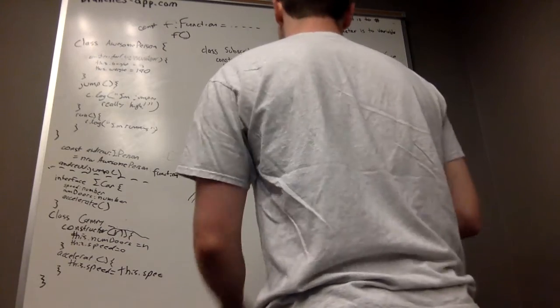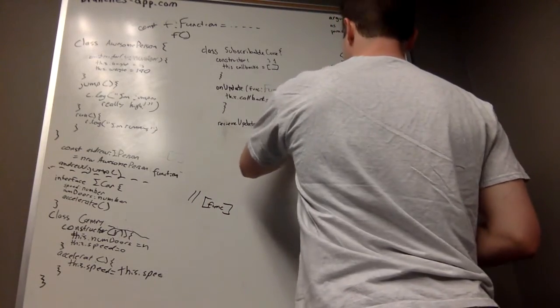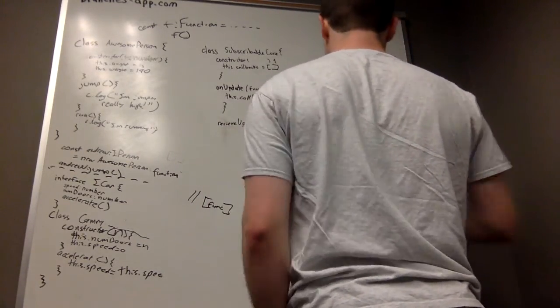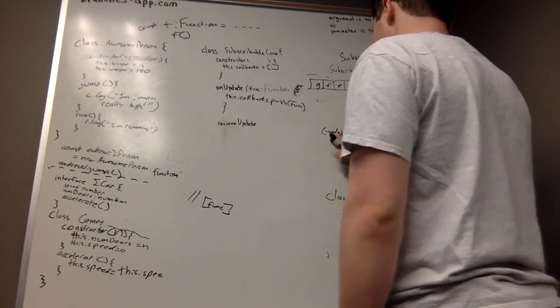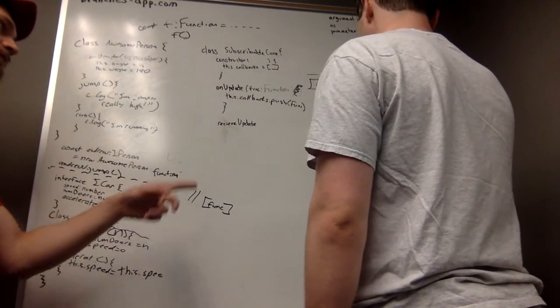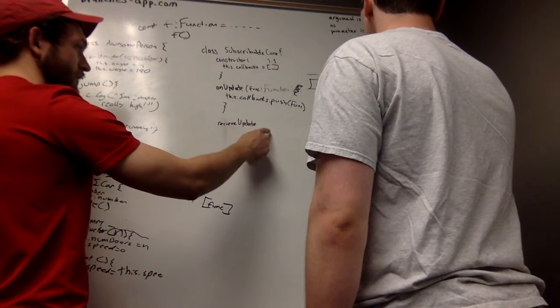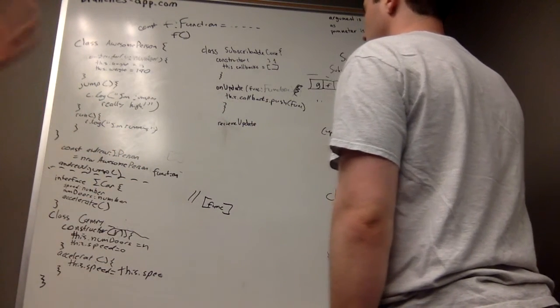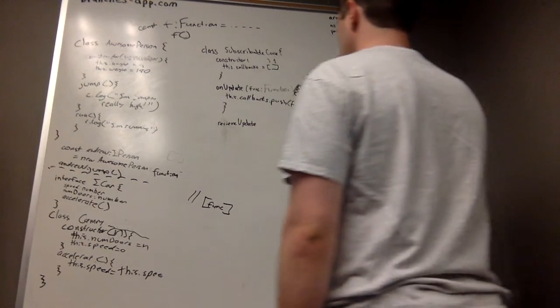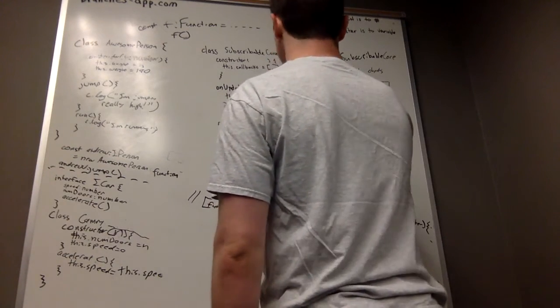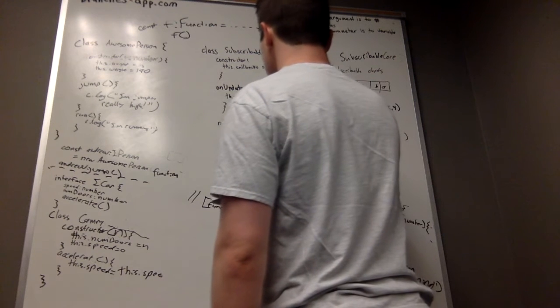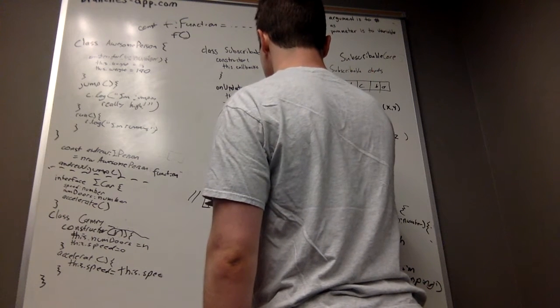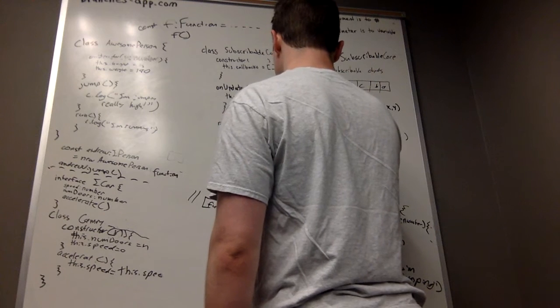Receive update is going to, is this a method? That's a parameter, an update object. So receive update has one parameter, something called an update. And that update contains certain properties and stuff. So I should write this update object, OBJ.